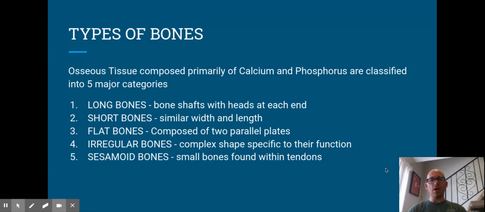Flat bones are parallel plates that are really close together, so they're flat. Skull is a flat bone, scapula, pelvis, those are flat bones. Irregular bones don't really fall into a category. Basically, an irregular bone, the shape of the bone is very specific to the job that it does.